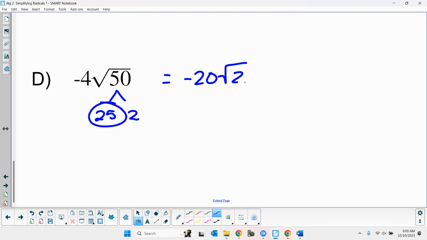Yeah. Okay. So the one that's the perfect square, that's the number comes out. That's one mistake sometimes we make. We keep the perfect square underneath and we take the other number out. No, it's the perfect square of what you have 2 of. We have 2 5s there. Okay. So that's what you take out. So far, so good? Any questions?